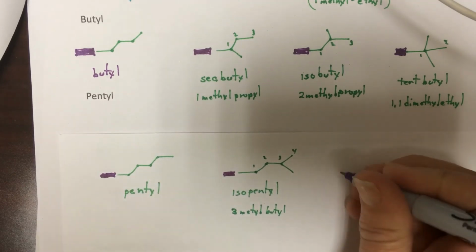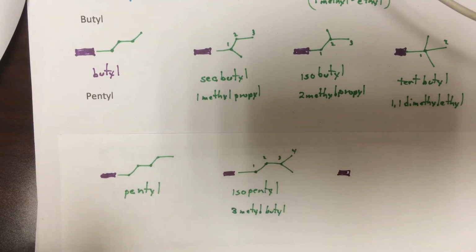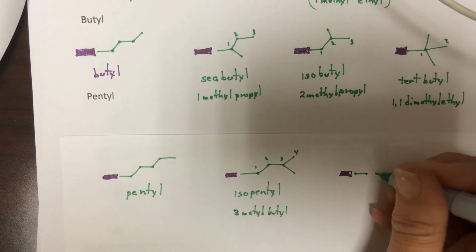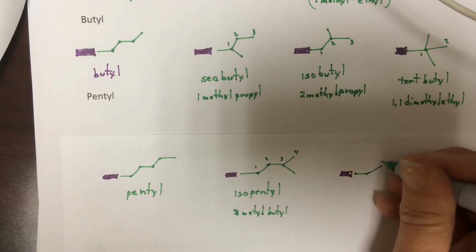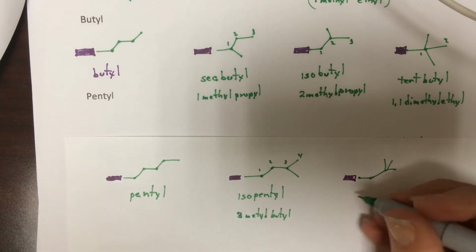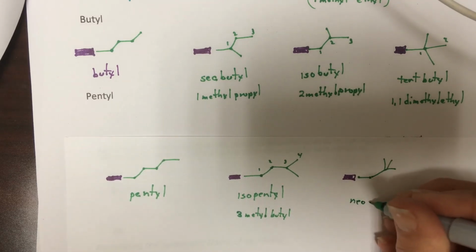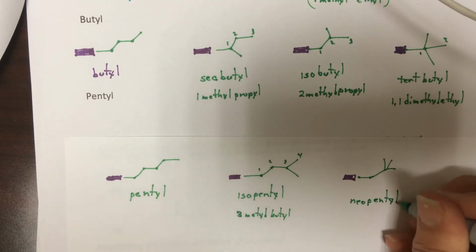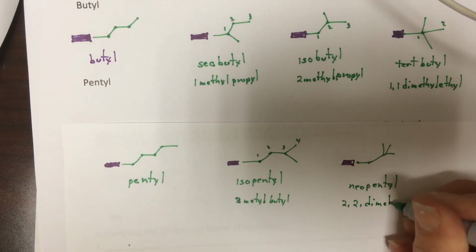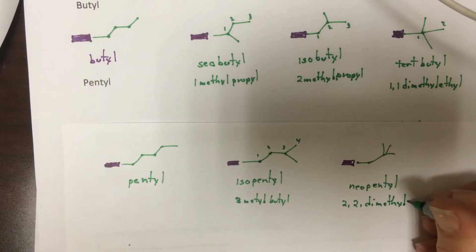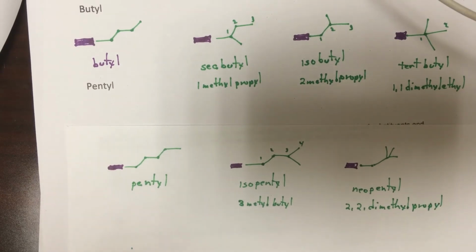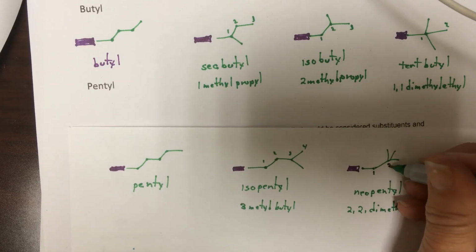And here we have the last one, which is a neopentyl, which comes out like this, goes up, and looks a little like a t-butyl, but it's, and we call this a neopentyl, and it's a 2,2-dimethylpropyl. We've got 1, 2, 3.